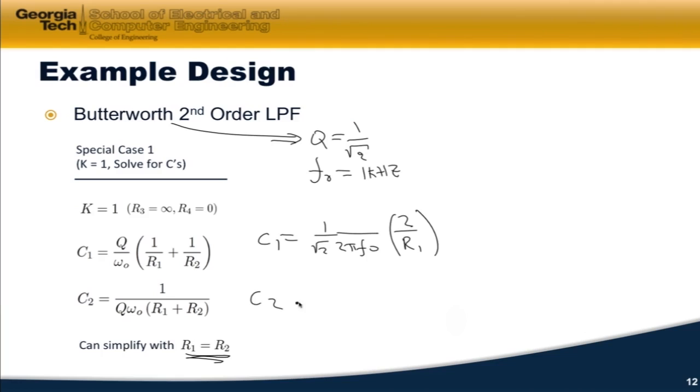Then C2 is equal to 1 over 2 pi F0 times 2 R1 times the square root of 2.